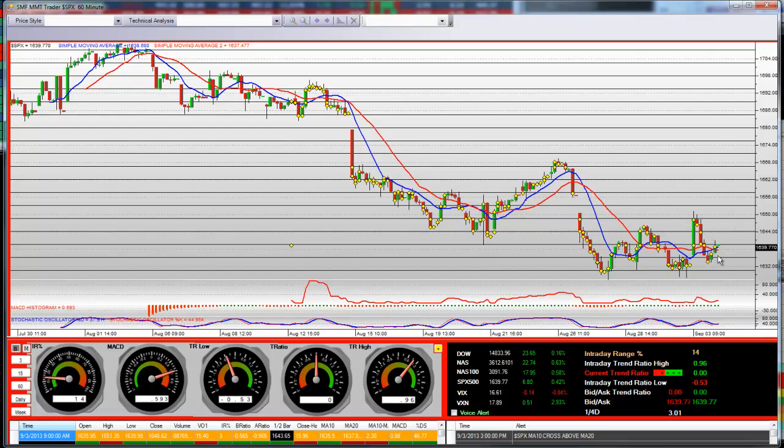We can still follow: if we can take out that 1650 area, we would look right up here at about 1662, or the half bar, which is 1661 right here. That was on 826. That's the upper resistance level. They're going to have to take out this particular period of the S&P, MMT.